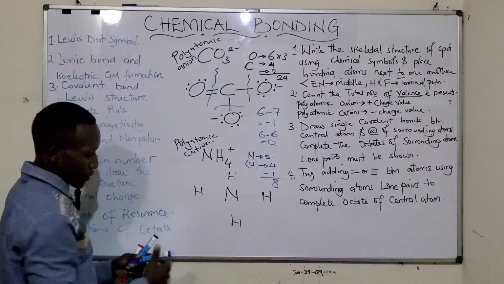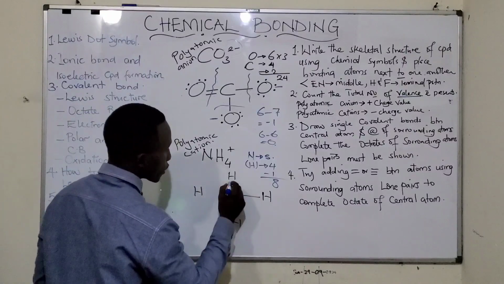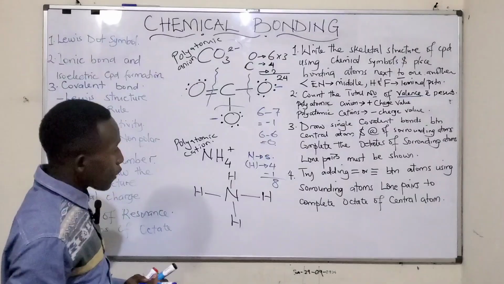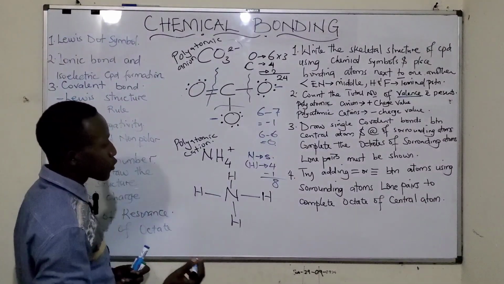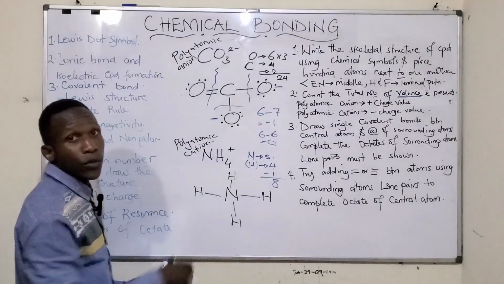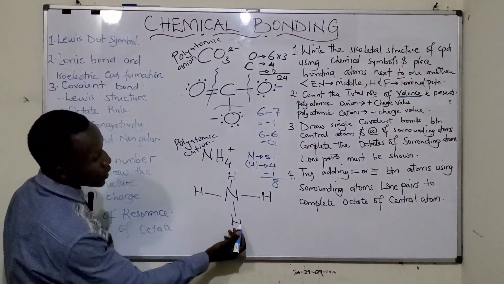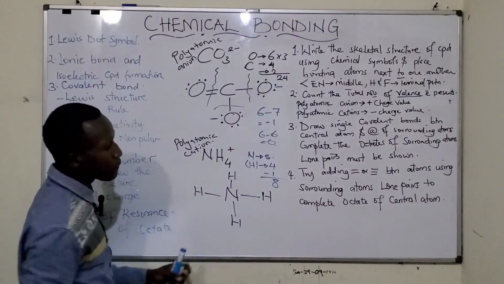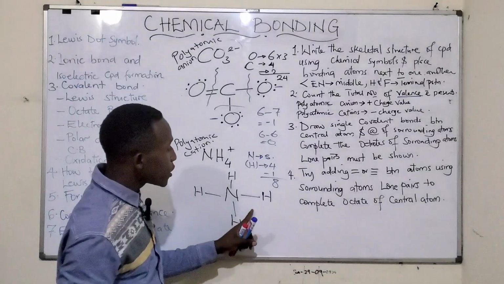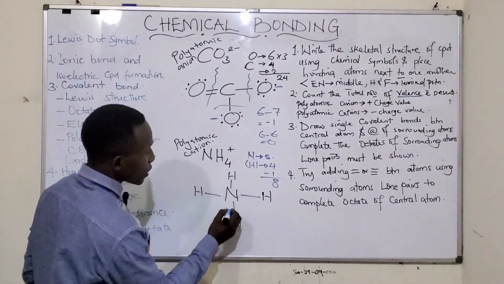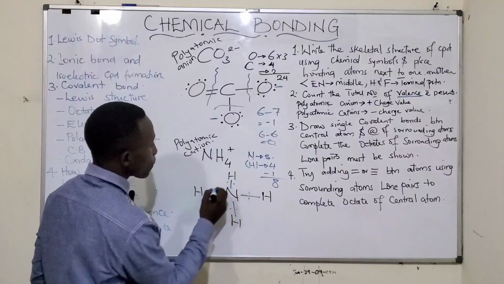So after this, the next step is to draw single bonds for all of them. After drawing single bonds, you try to complete the octets of the surrounding atoms. So here, we said for hydrogens, it is stable when surrounded by 2 electrons. Means that at each bond you're having 2 electrons.